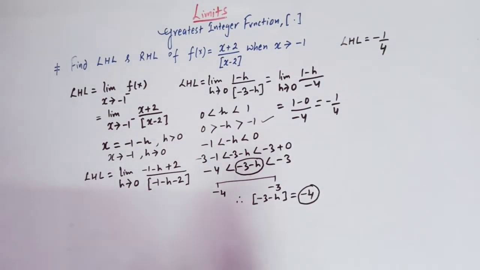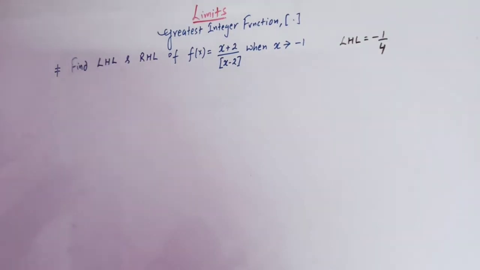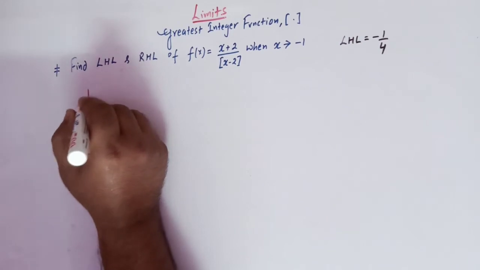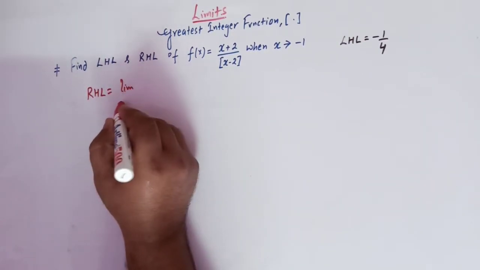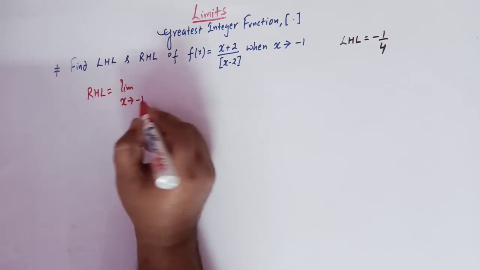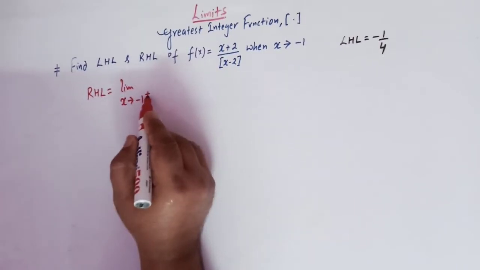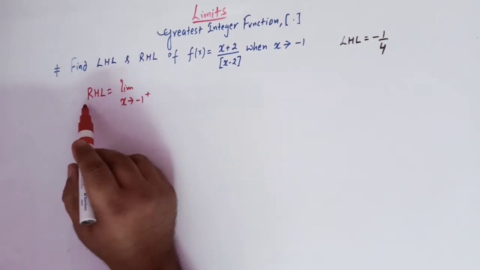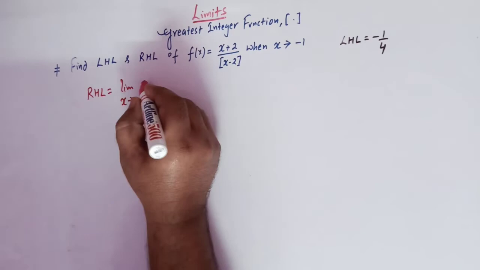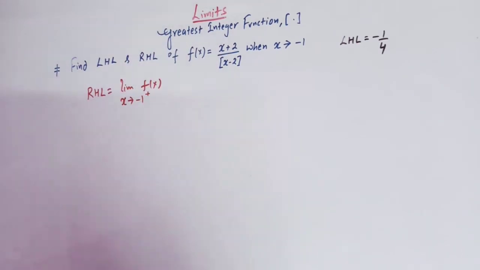So now let us calculate the right hand limit. For the right hand limit, we have the notation limit x tends to minus 1, and here we'll put a positive sign which indicates that we are going to find out the right hand limit of the function f of x, right?